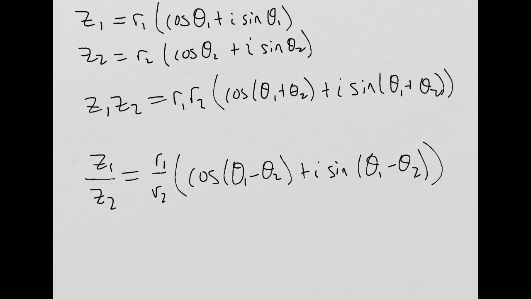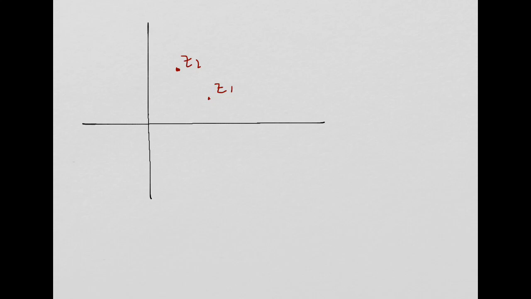So, what I'm really looking at, geometrically, if I have 2 points, say, here's Z1, and here's Z2, some theta 1, R1, theta 2, R2.